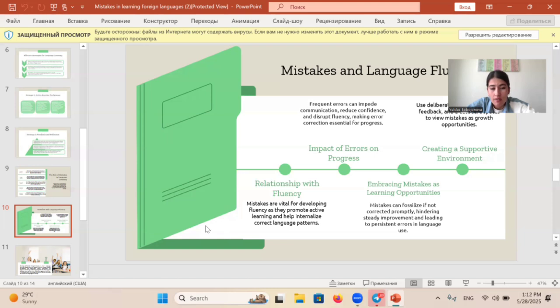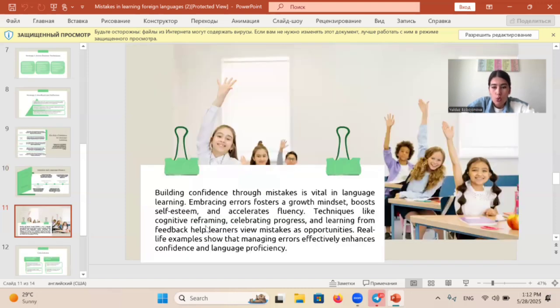So, mistakes are vital for developing fluency as they promote active learning and help internalize correct language patterns. And embracing mistakes as learning opportunities: mistakes can fossilize if not corrected promptly, hindering steady improvement and leading to persistent errors in language use. So, when we talk about building confidence, let's do it.